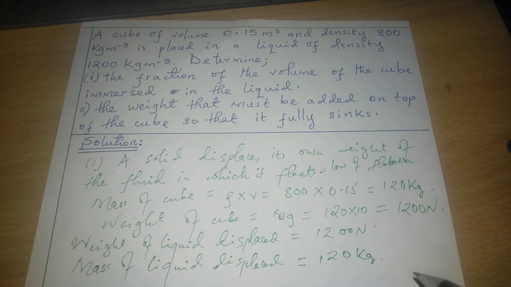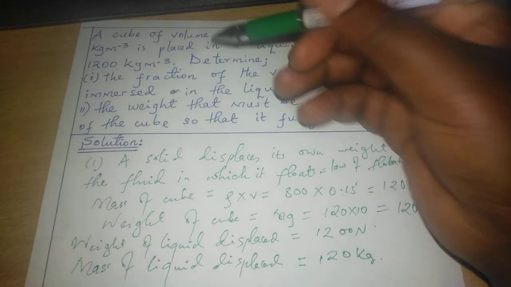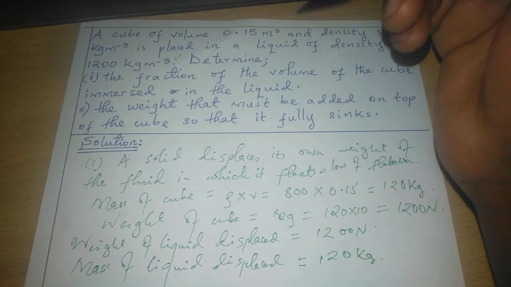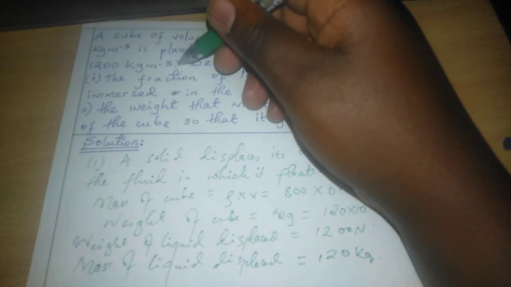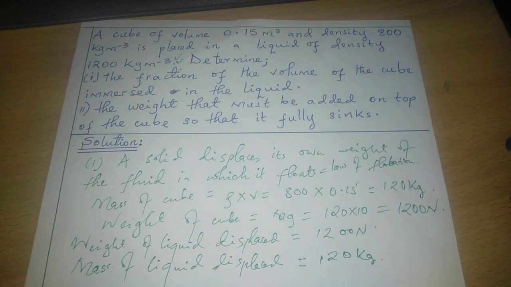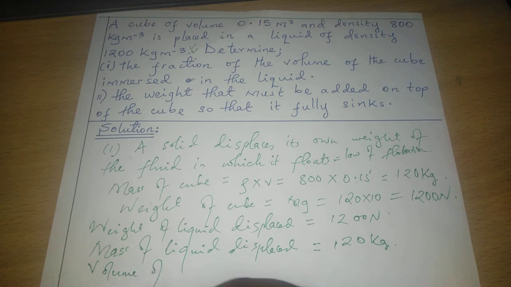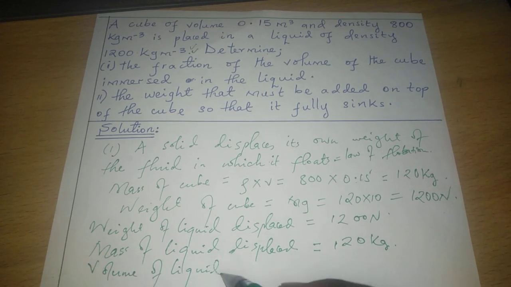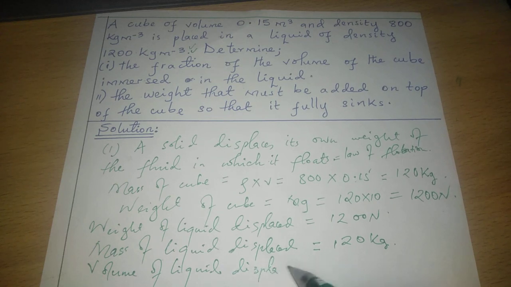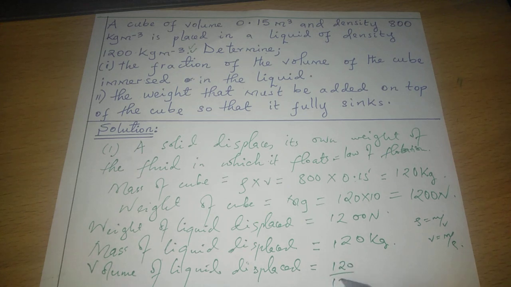Now that we have the mass of liquid that got displaced and the density of that liquid, we can get the volume of liquid that has been displaced. If density equals mass over volume, then to get volume we divide mass by density. So a mass of 120 and a density of 1200 gives us 0.1 meters cubed.